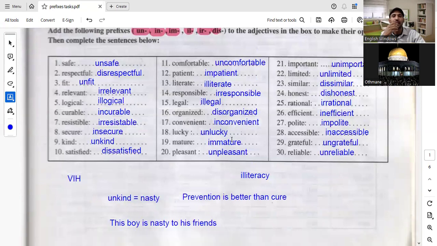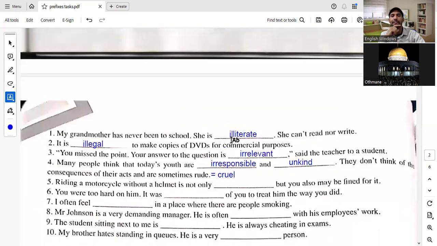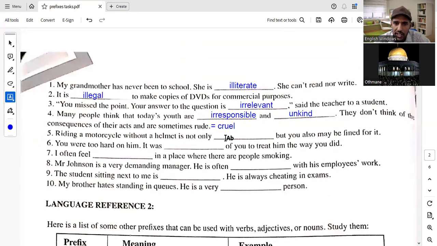Here it's unsafe. Riding a motorcycle without a helmet is not only unsafe, ماشي فقط غير آمن, but you may also be fined for it.